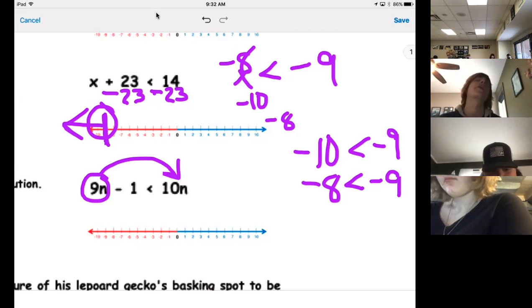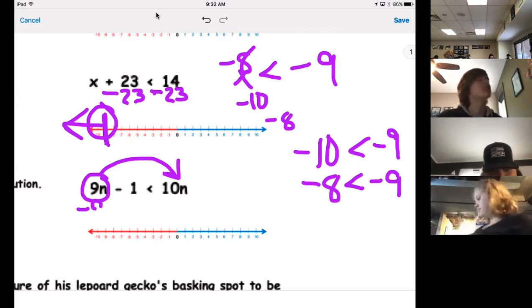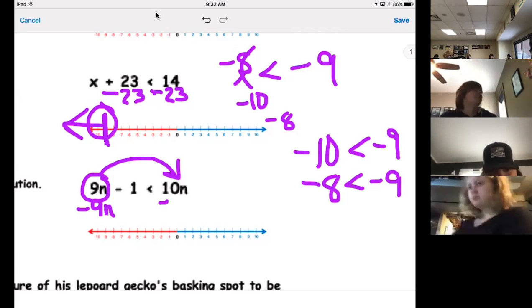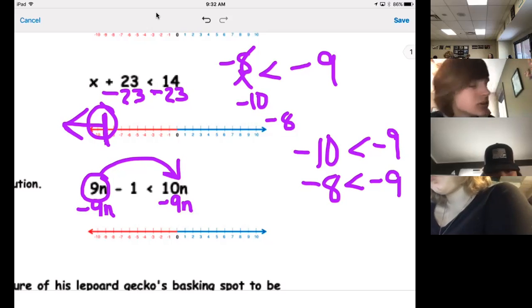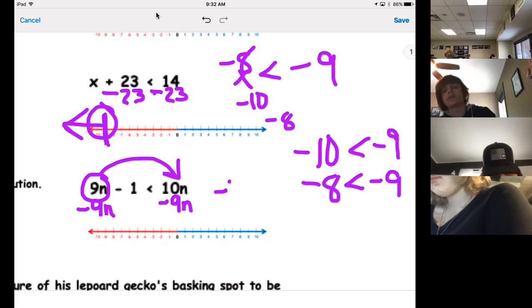Subtract 9n. Yes, we're going to subtract 9n. When we subtract 9n, what's 10n minus 9n? 1n. So don't forget that minus sign is greater than 1, it becomes a -1. -1 is less than 1n, which happens to be just n.